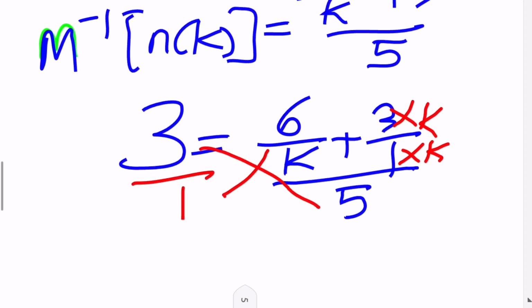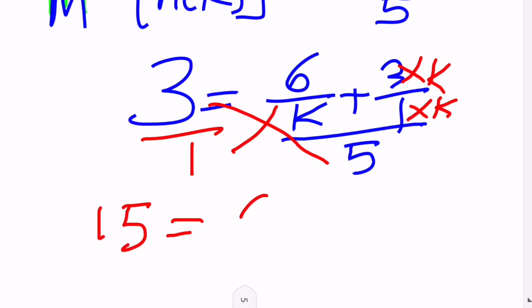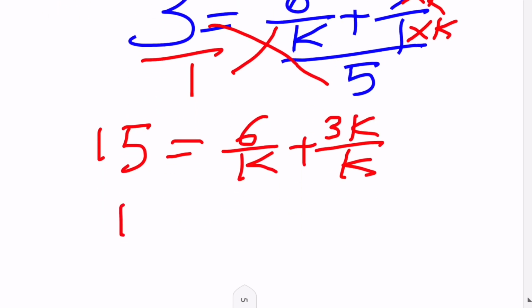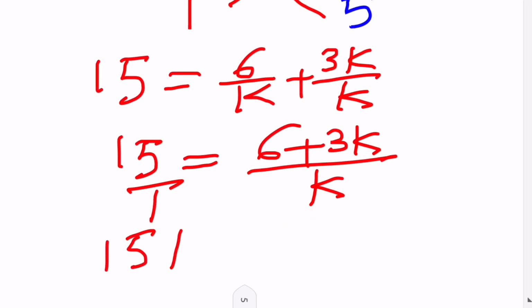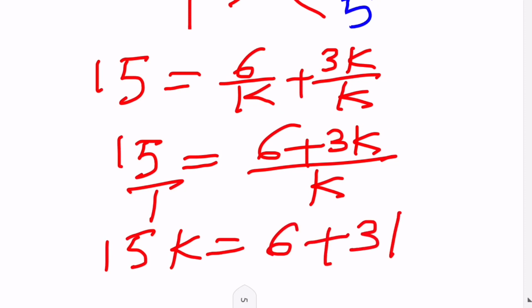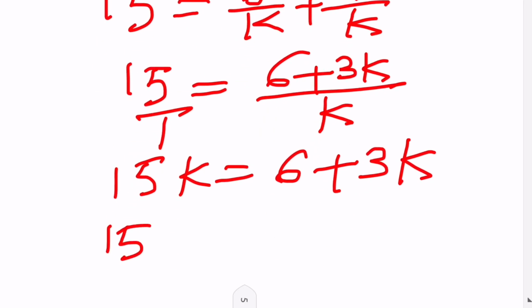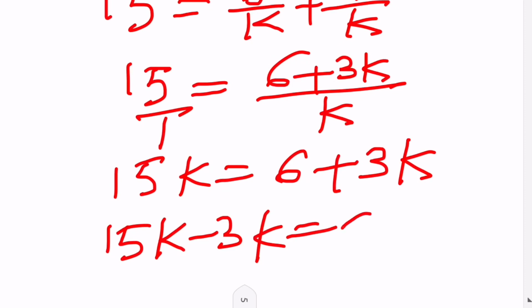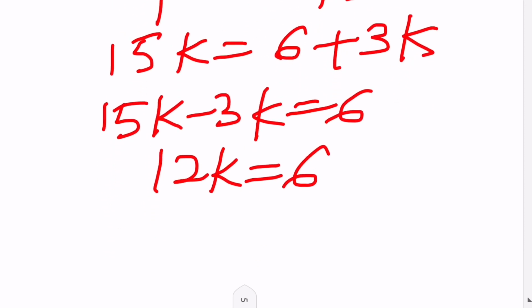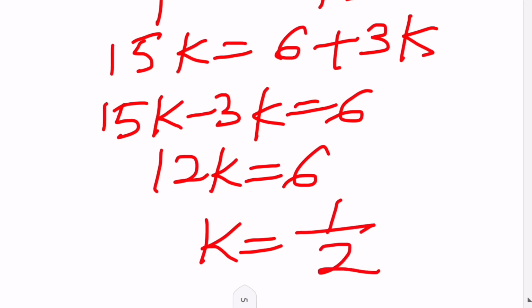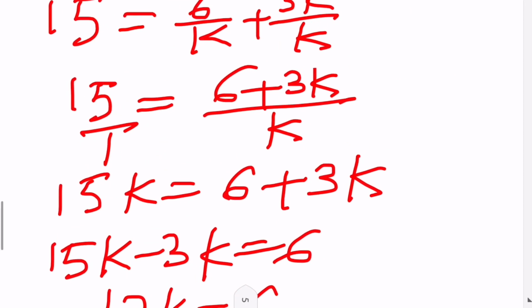So we cross multiply. 3 times 5 is 15, and 6 over k plus 3, denominator the same, so it becomes (6 plus 3k) over k. So then we cross multiply again, so we have 15k equal to 6 plus 3k, and then 15k minus 3k is equal to 6, so 12k is equal to 6, so k is equal to 1 over 2.